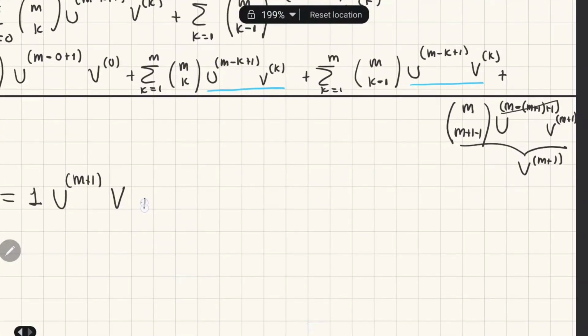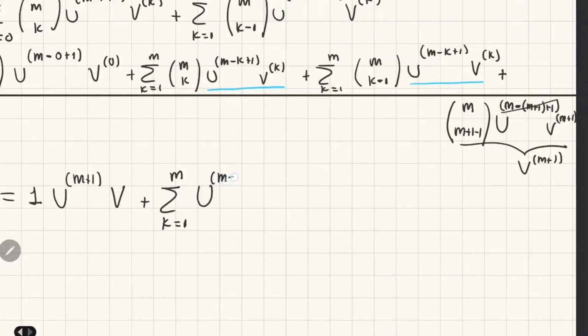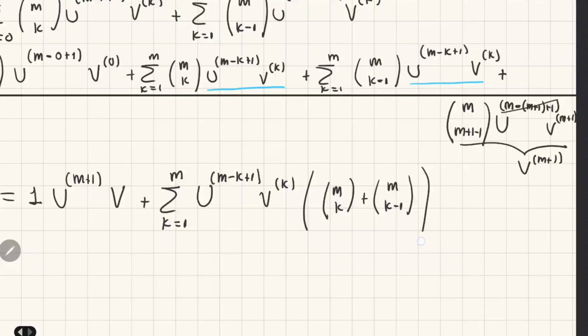So we will get plus the sum from k equals 1 up to m of u to the m minus k plus 1, b to the k, that multiplies, well, m choose k plus m choose k minus 1, like this.